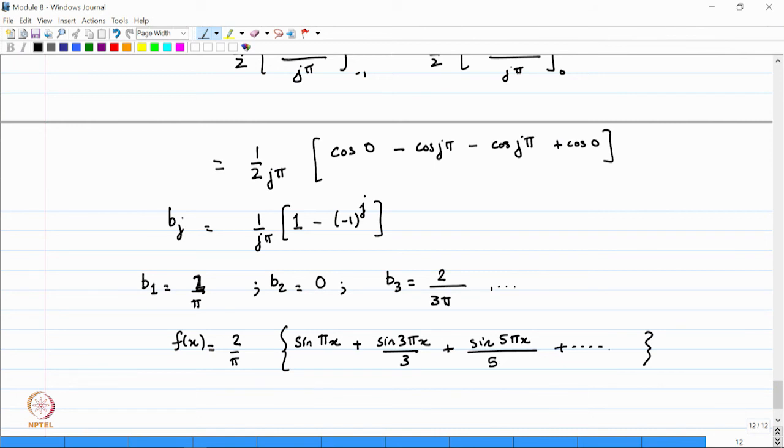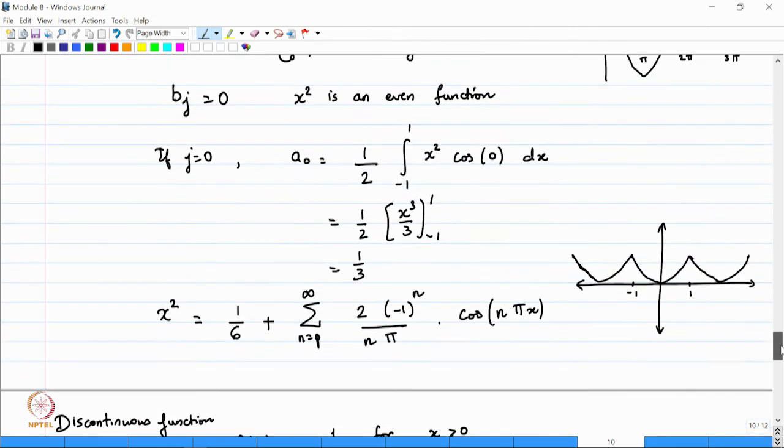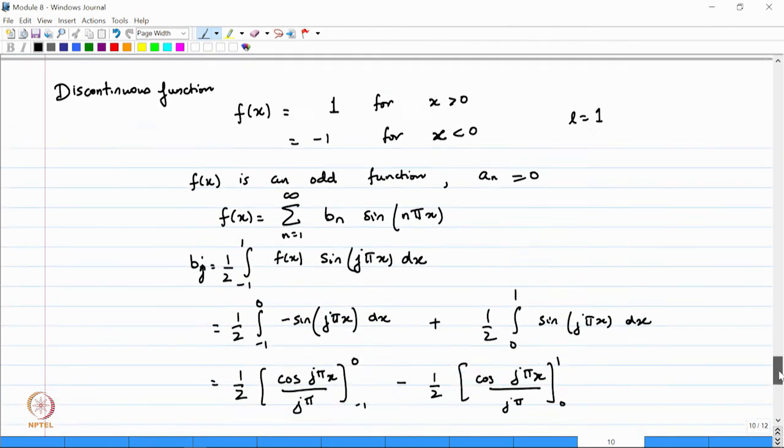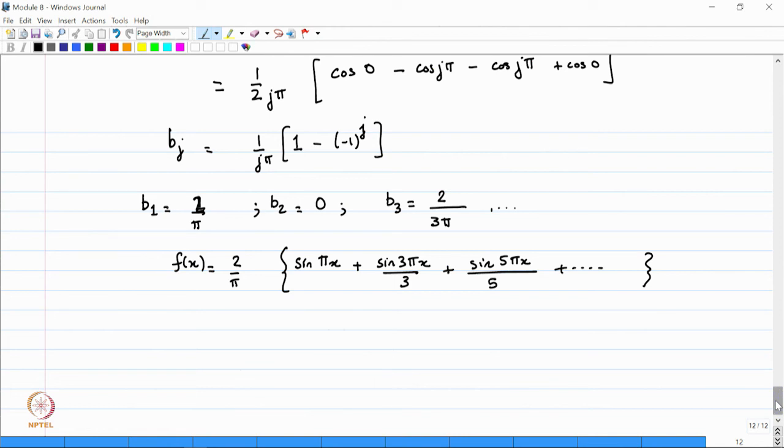So, this is my f of x. This is how you expand a function that is not continuous.